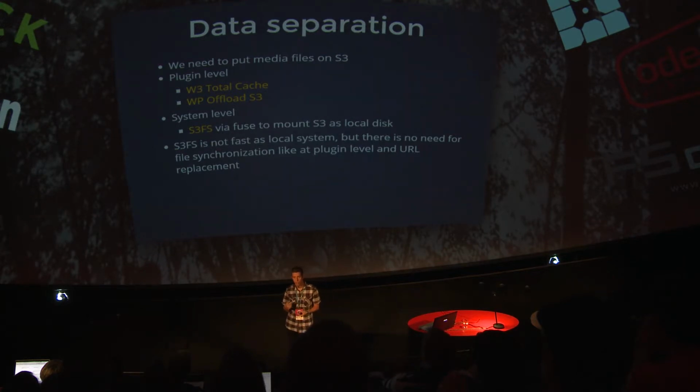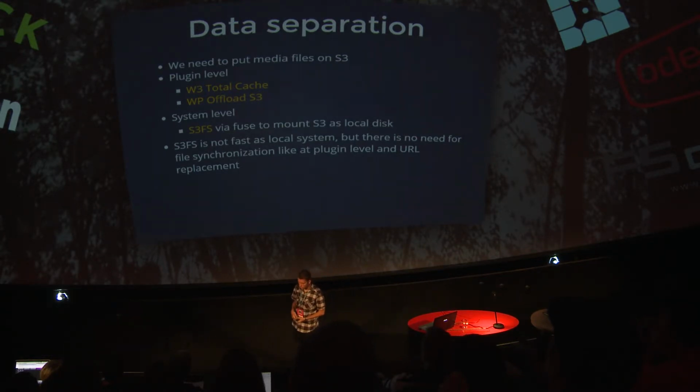This plugin will upload your data to S3 and replace URLs in the database. Also, you can do this at the system level, and you can use S3FS FUSE, which actually mounts the S3 bucket as your local disk.